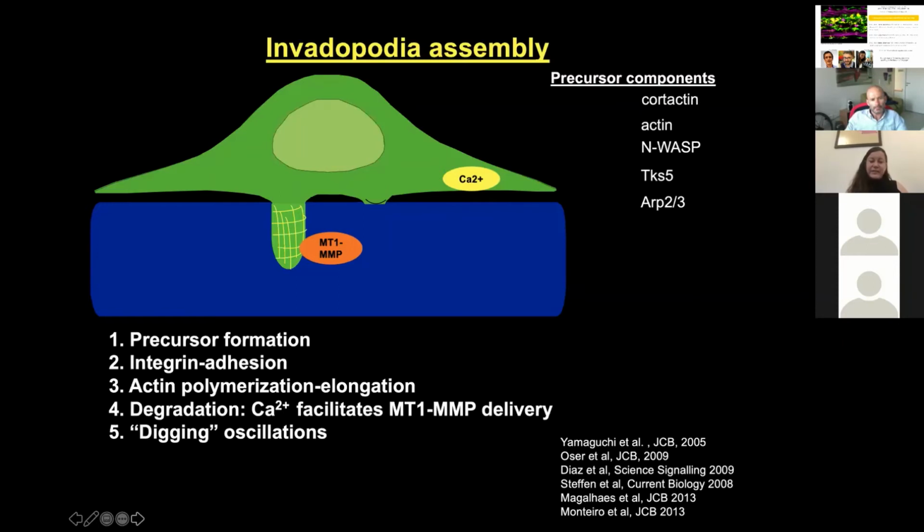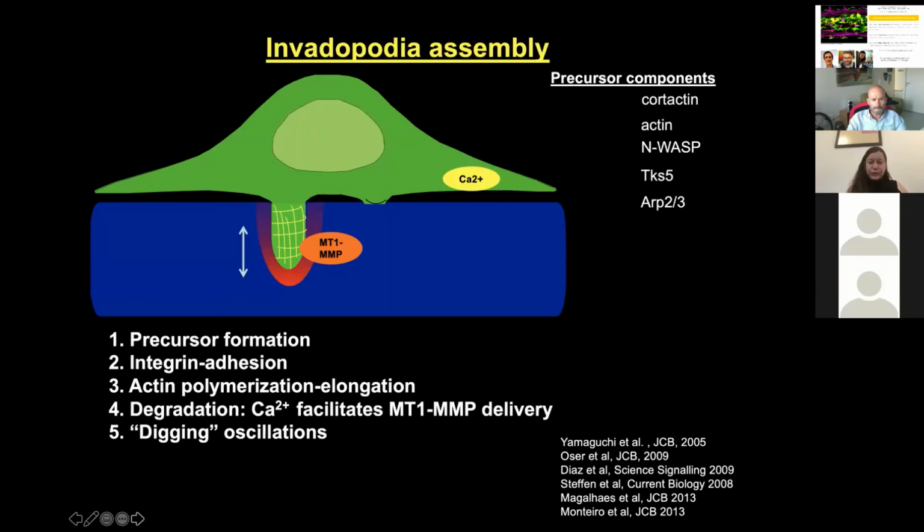And then we have the cycles of actin polymerization and depolymerization, which cause digging oscillations, as well as MT1-MMP degradation, which causes these holes in the extracellular matrix.